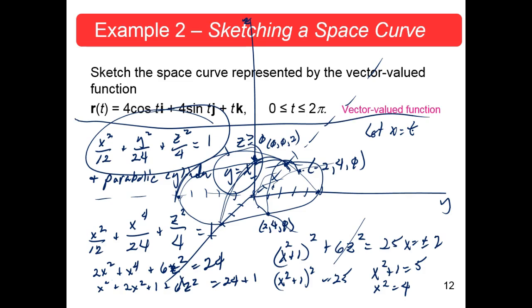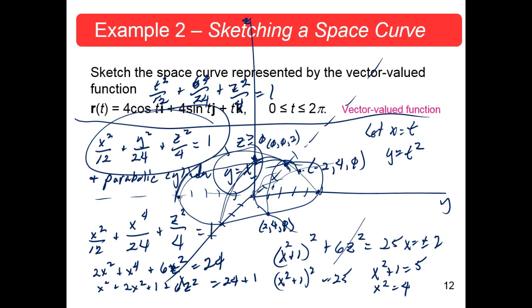We know from this that y is equal to t squared. And then we know from that, if we do this, that would be t squared over 12 plus t to the fourth over 24 plus z squared over 4 is equal to 1.